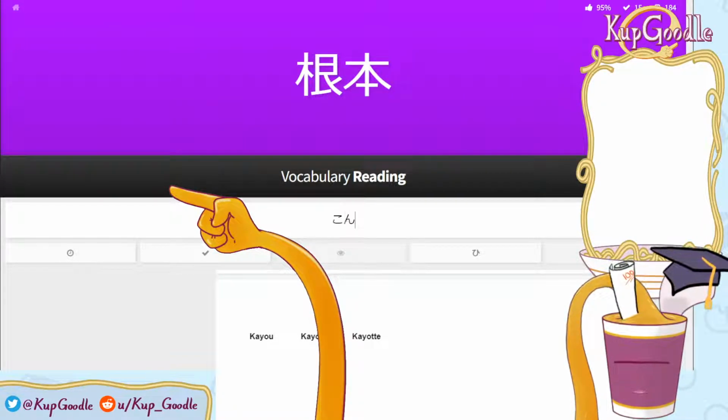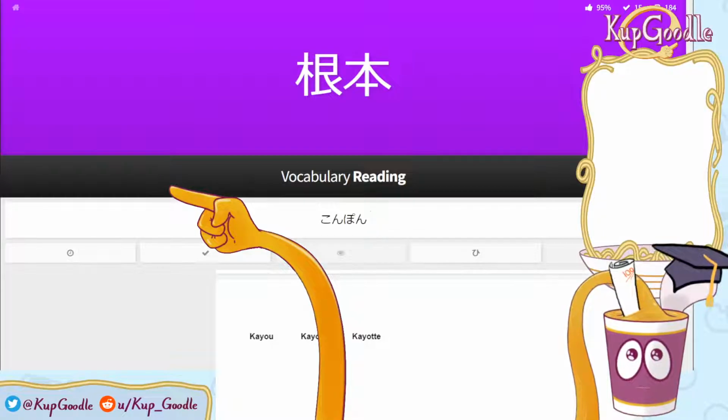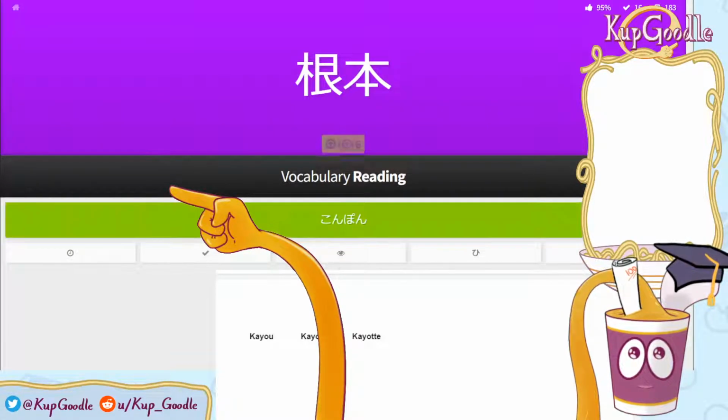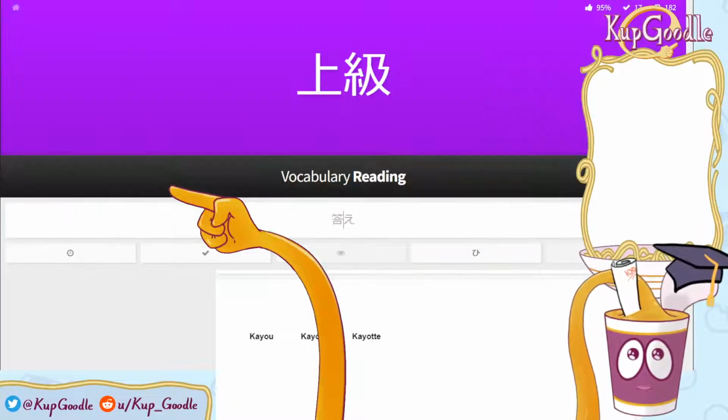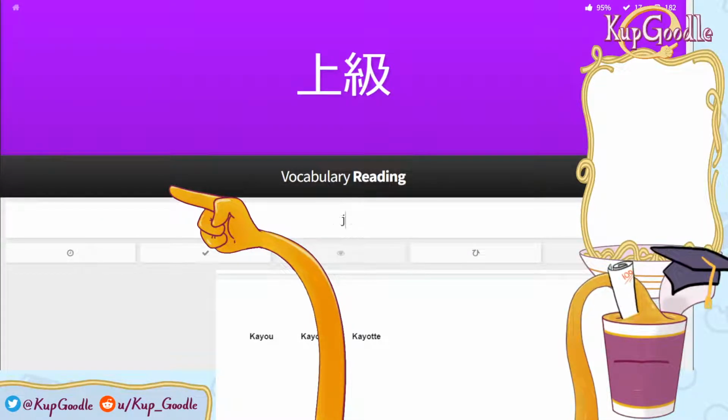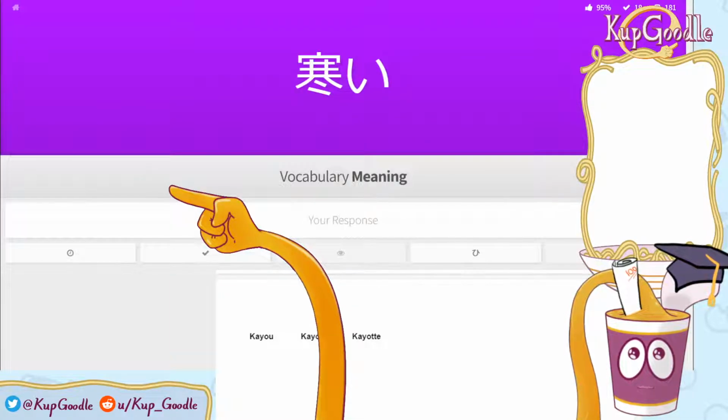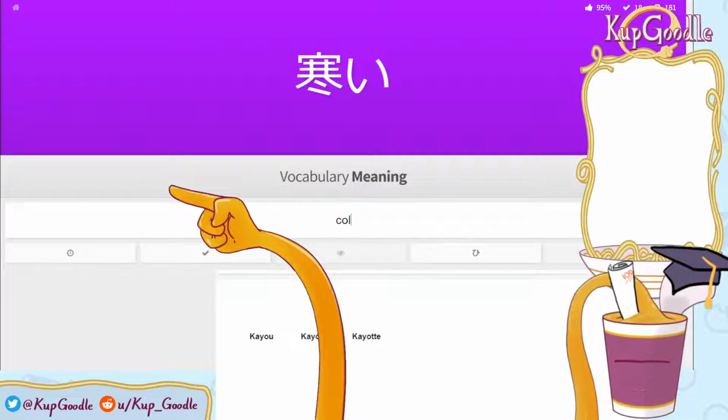Konpon. Oh, konpon. Self or cobra? I forget. Self. Jokyu. Samui, cold.